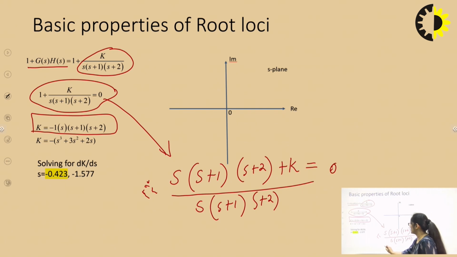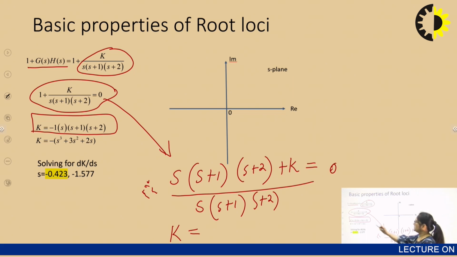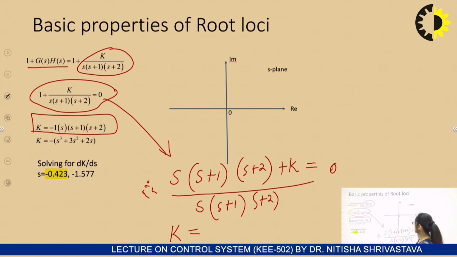The expression for k from this is, when you take it on the other side, k is equal to minus 1 s into s plus 1 into s plus 2, because it's moving on the right hand side.